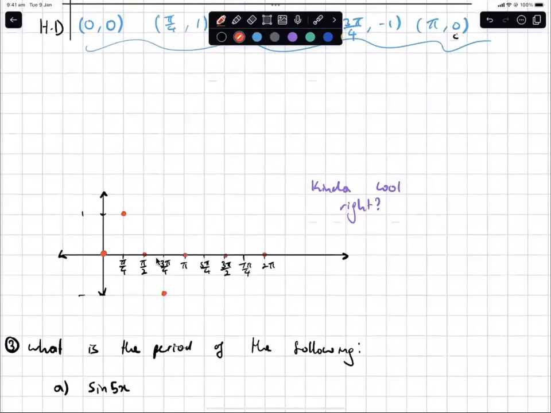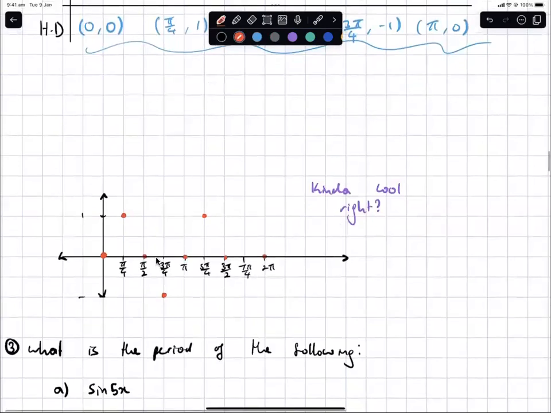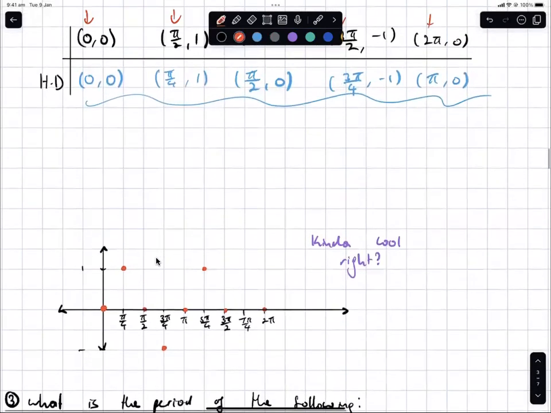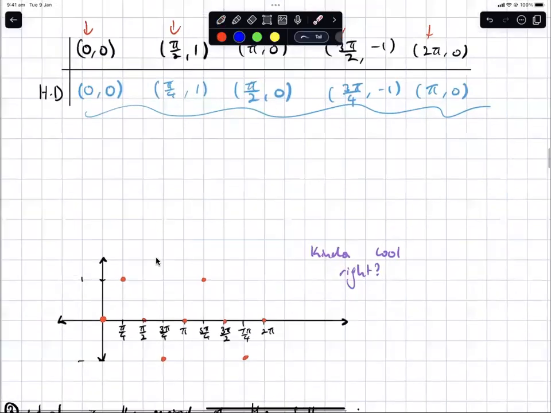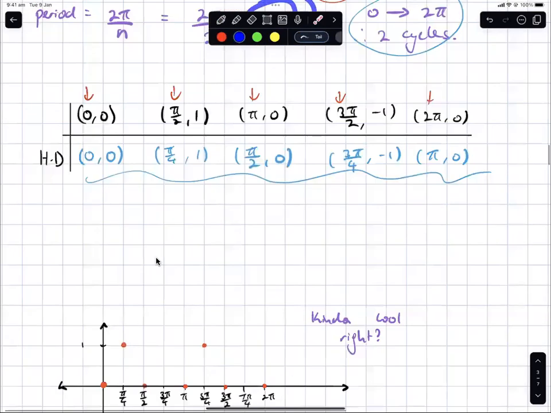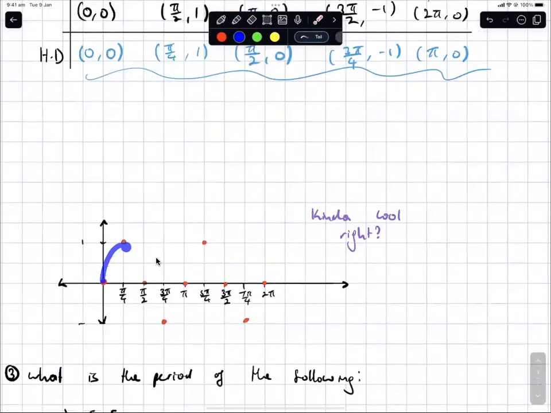Then back up to pi is 0, 5 pi on 4 is 1, 3 pi on 2, which is the same as 6 pi on 4, we end up back at 0. 7 pi on 4, we're at -1, and then again at 2 pi. And that agrees with our period that we were talking about happening every pi. So as you can see, inside of pi, the graph occurs once and then again.